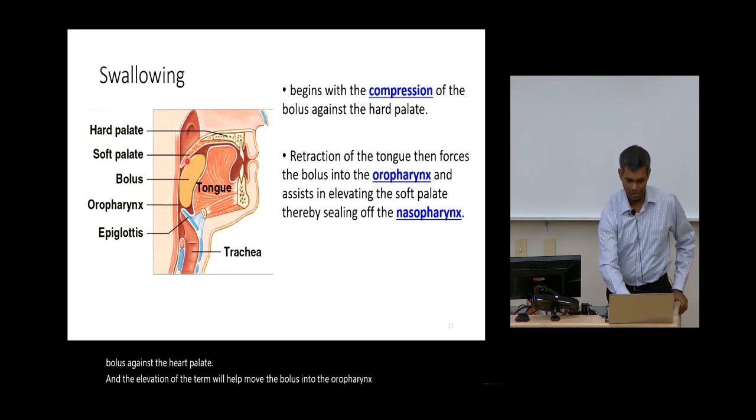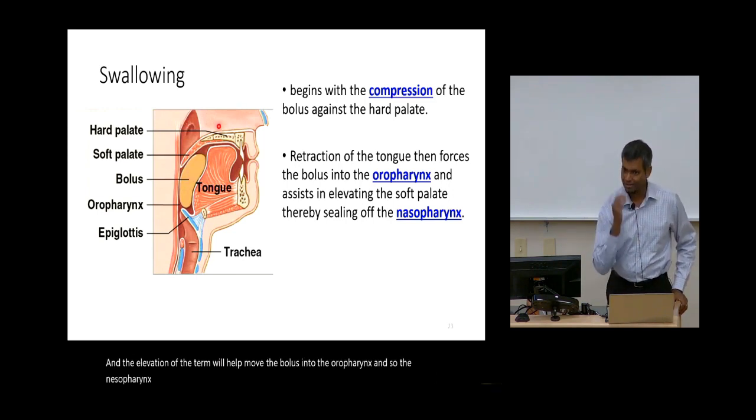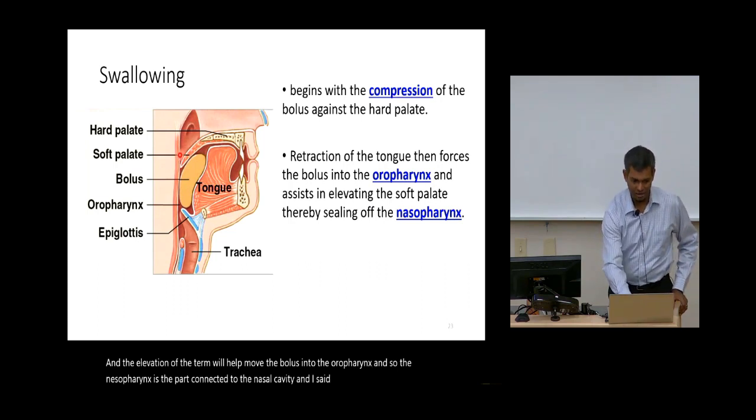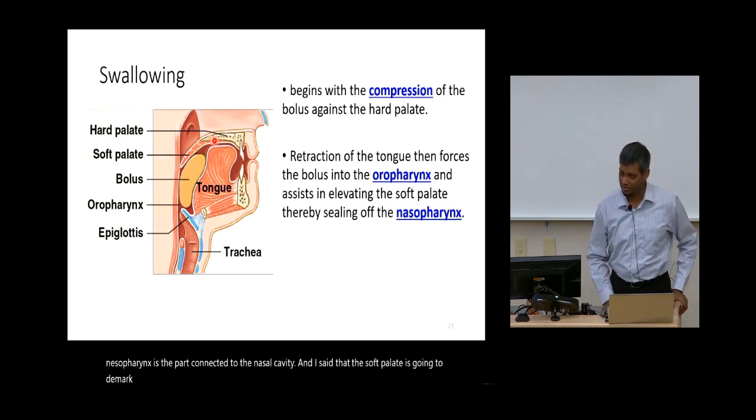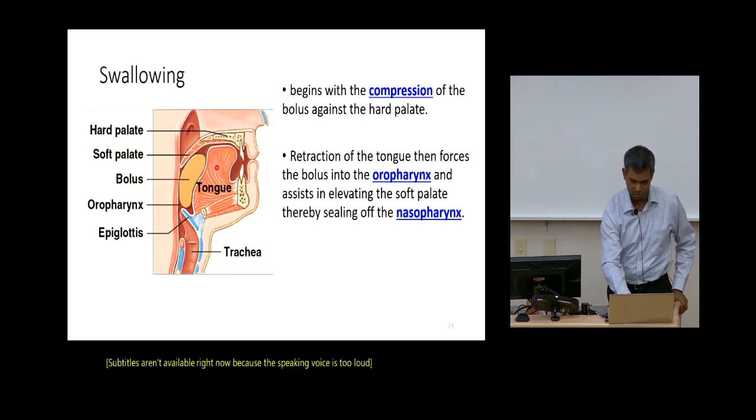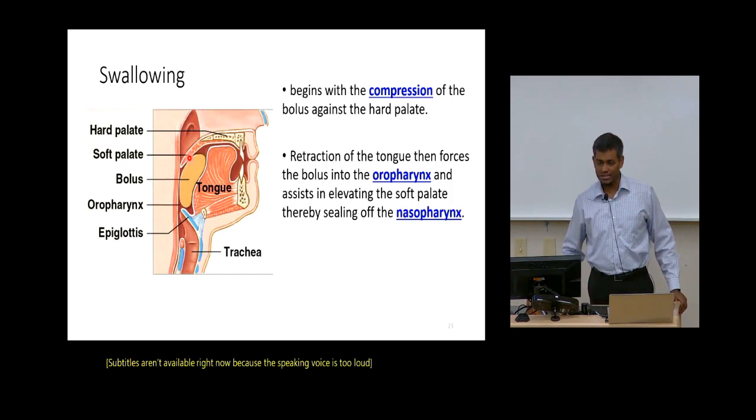So the nasopharynx is the part connected to the nasal cavity, and I said that the soft palate is going to demarcate the nasopharynx from the oropharynx. And as you swallow food, this soft palate is going to seal off the nasopharynx.